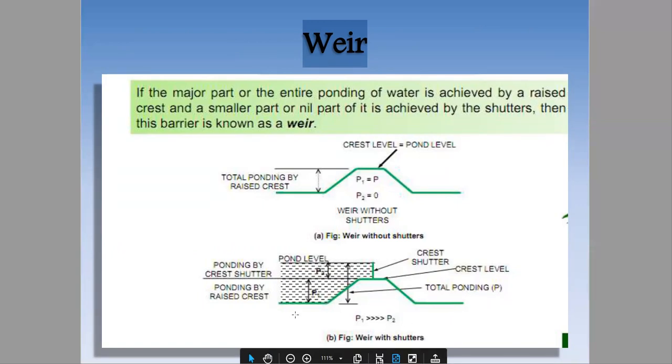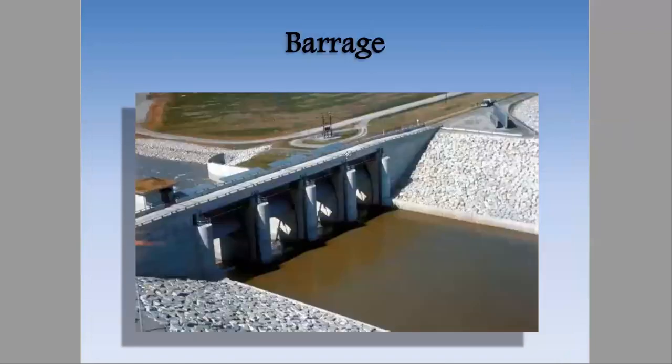So you can clearly understand that in weirs the major part is achieved by raised crest, and only a smaller part or nil part is achieved by shutters. So this is a weir when the shutters are on a smaller portion or not present.